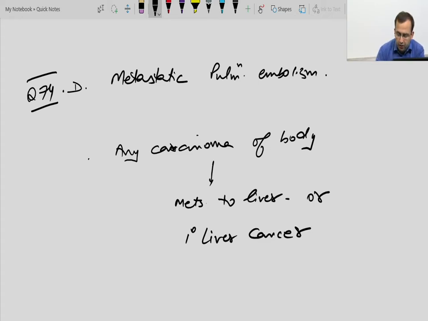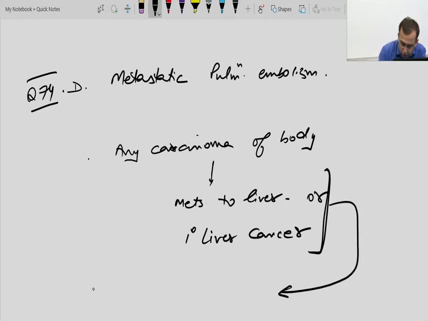Either liver metastasis or primary liver cancer, either of these can metastasize to pulmonary vessels.